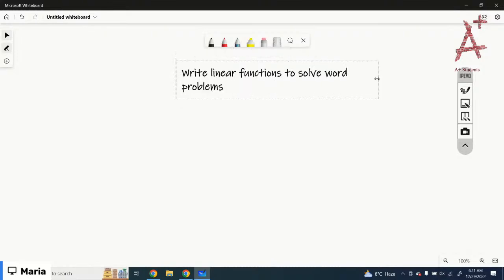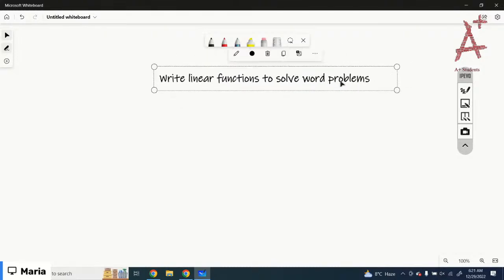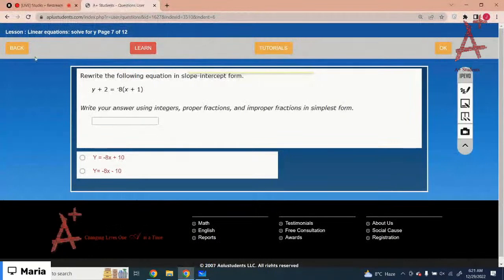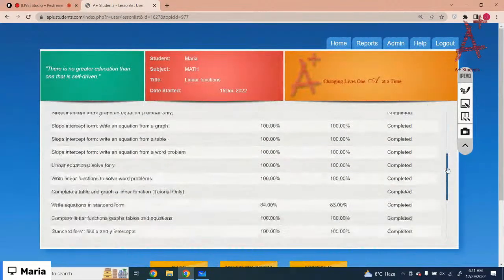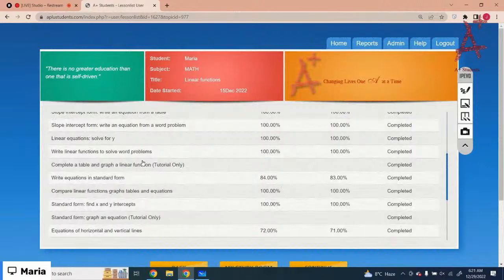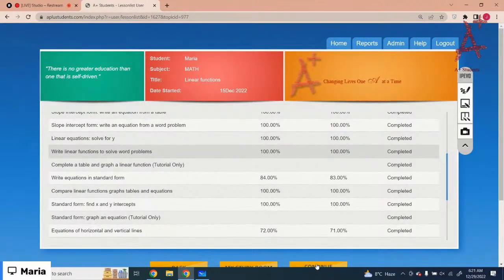Okay, so let me just go back and find the lesson. Write linear functions to solve word problems.